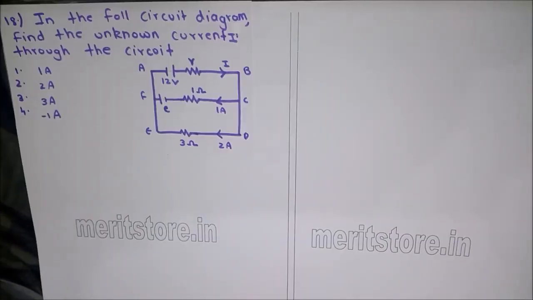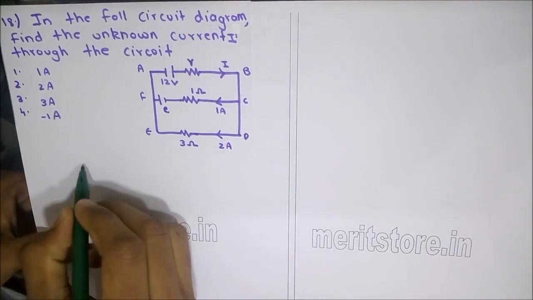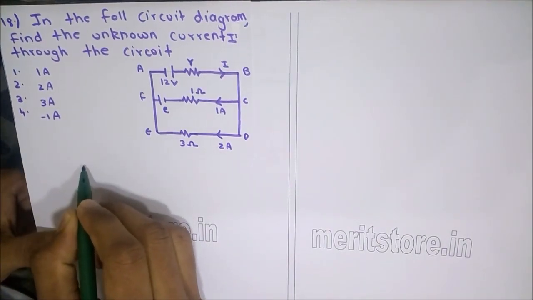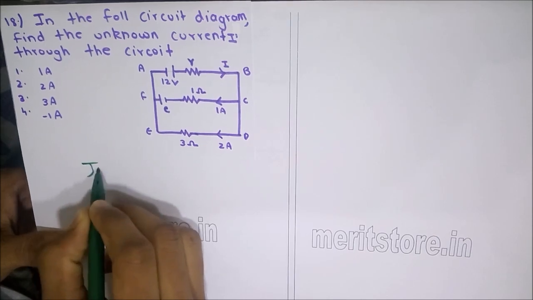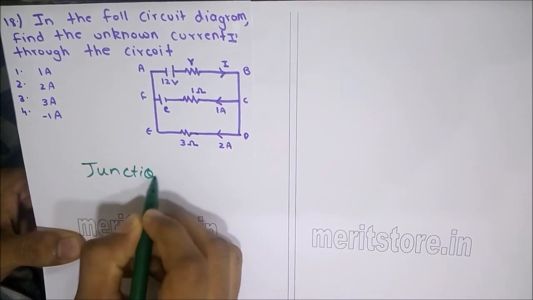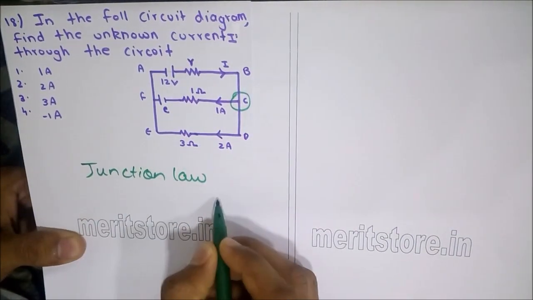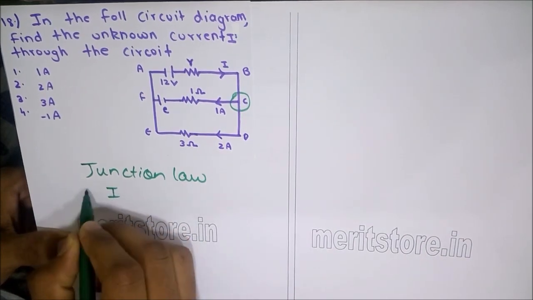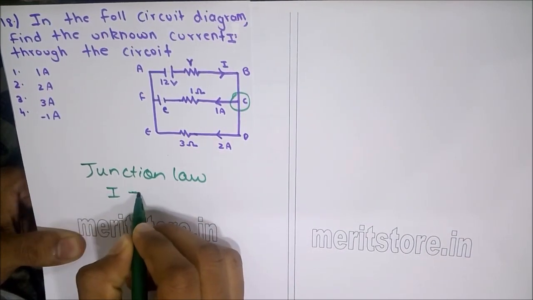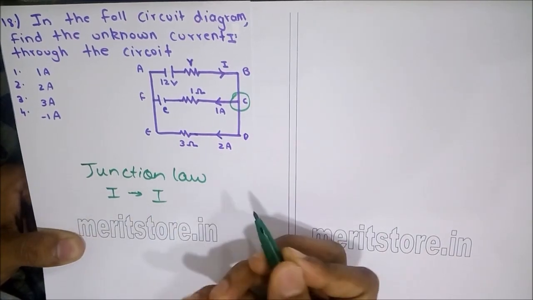In the following circuit diagram, find the unknown current I through the circuit. In order to find out I, we will apply Kirchhoff's junction law at the point C. Kirchhoff's junction law says that the amount of current flowing into the junction is the same as that leaving the junction.